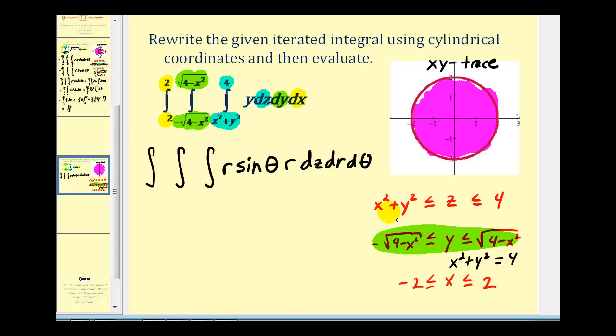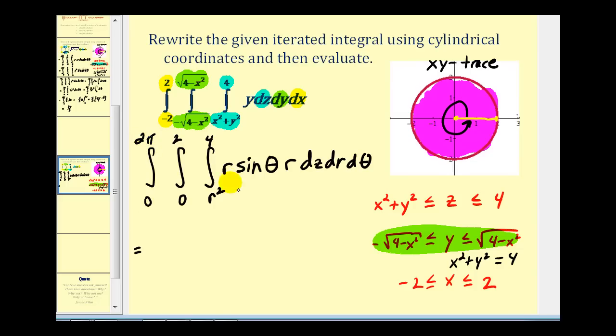Well, x squared plus y squared is equal to r squared, so our lower limit of integration will be r squared, and the upper limit of integration will be 4 for z. And then for r and theta, we'll take a look at this circle here. The radius r will start at 0 and go out to 2. And then for theta, we want to start at 0 radians and go all the way around to 2 pi.